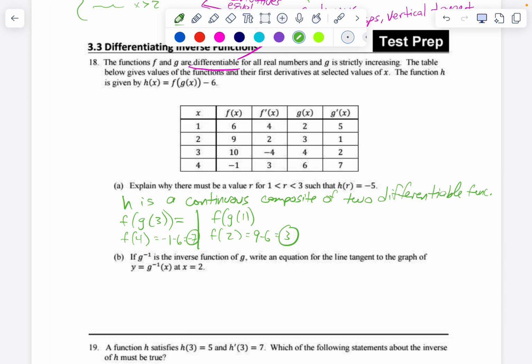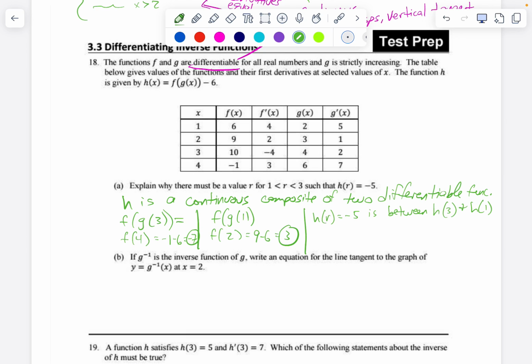Okay, is the requested value between those two? Yep. Okay, so we can say h of r equals negative 5, not positive, is between h of 3 and h of 1.